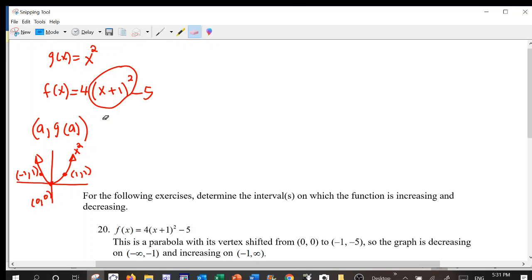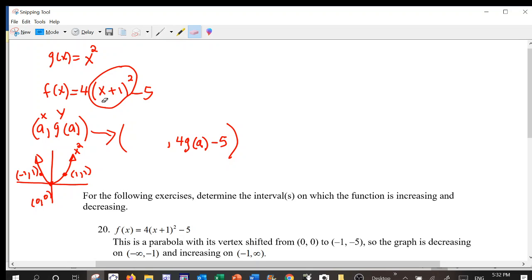Well, if there's a point on g of x, a and g of a, what happens to it? We know what happens to g of a. You multiply it by 4 and subtract 5. So 4 times g of a, minus 5. That's the y coordinate of the new point. So what happens to x?